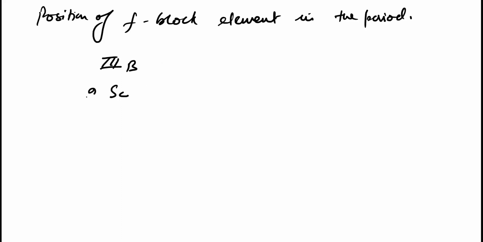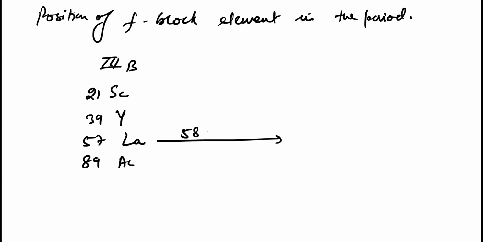Okay, 21. Then yttrium at 39, and then lanthanum 57, and then 89 is actinoid. So if I'm talking about this one, here they are lying from 58 to 71, and from 90 to 103.